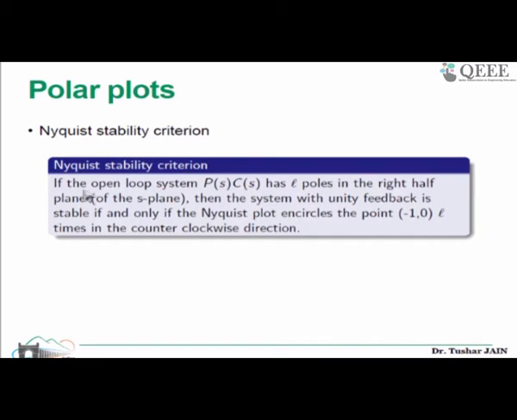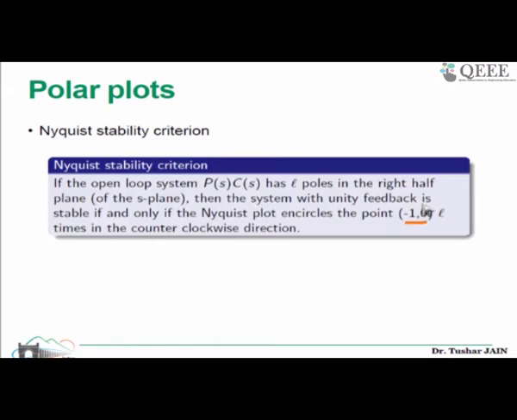So the first statement says that if the open loop system has L poles in the right half plane, my forward path or the open loop system is already unstable, because I have a couple of poles in the right half plane. So when I close the loop and see the Nyquist plot, it should encircle this -1, 0 point L times in the counterclockwise direction for the closed loop system to be stable.